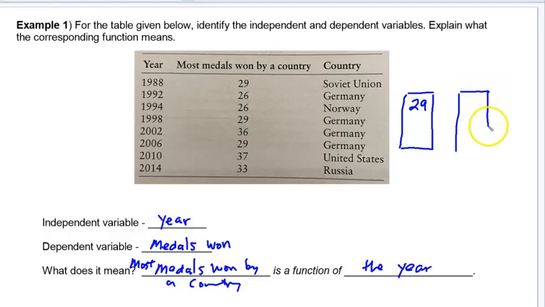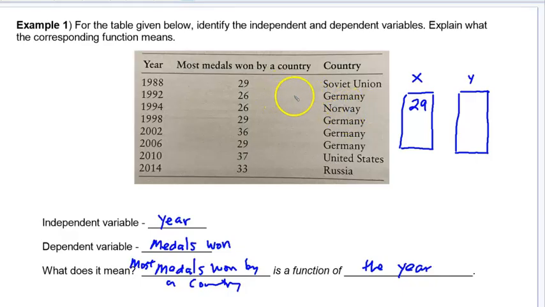So here is a proof as to why medals won cannot be the independent variable. To be a function, when I have an independent variable, it cannot produce more than one dependent variable result. So we use the phrase, a domain value cannot match up to two different ranges.